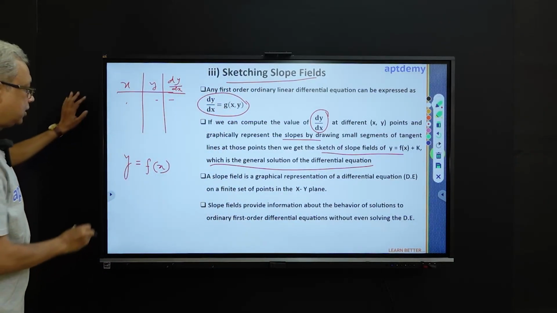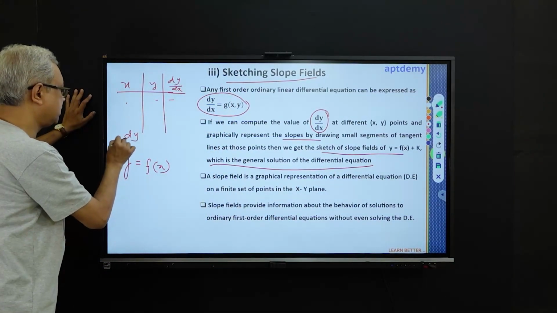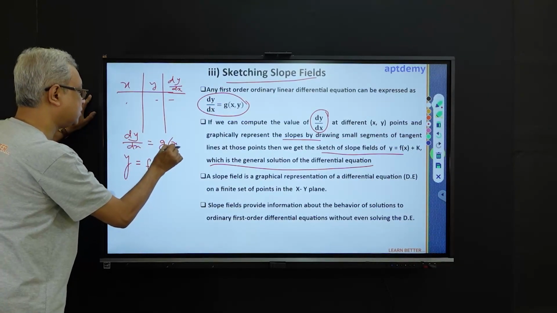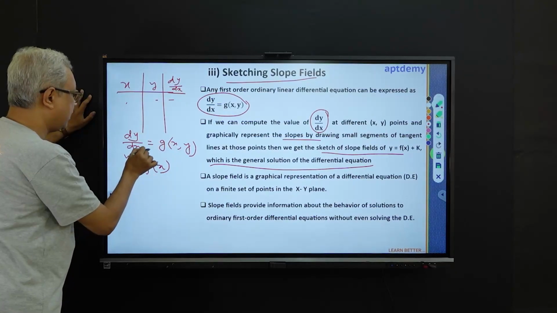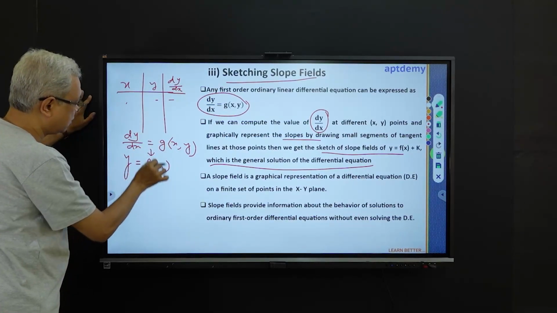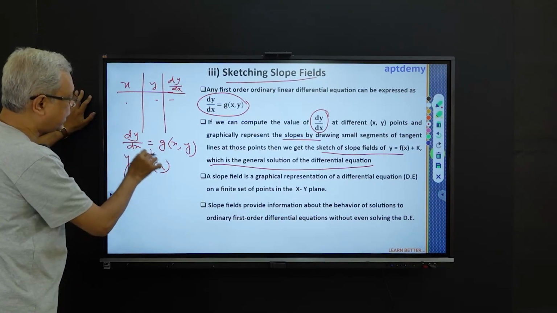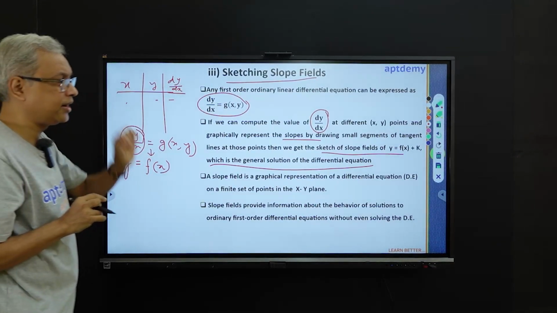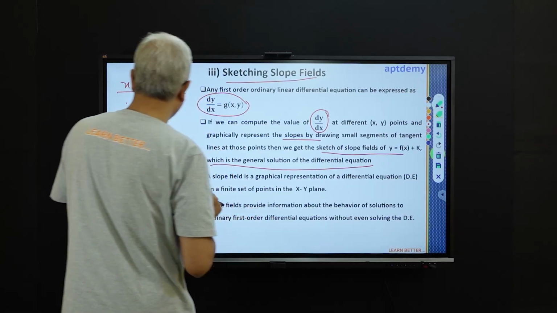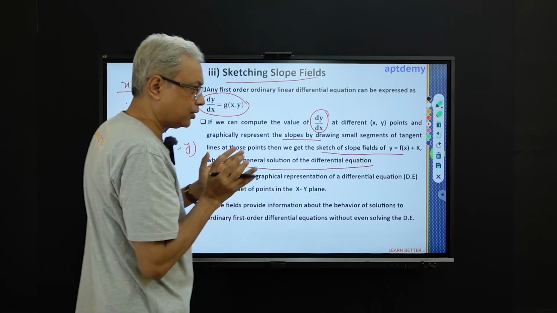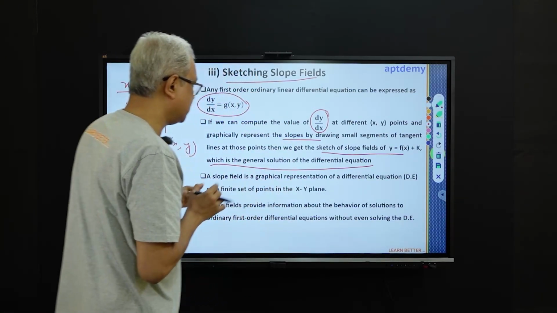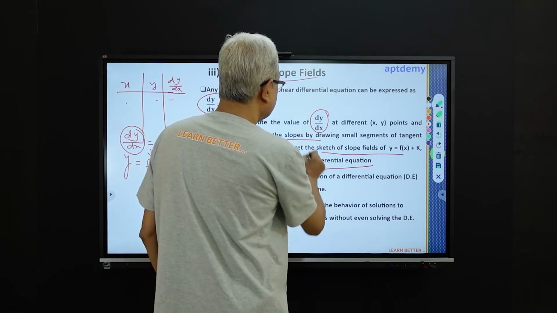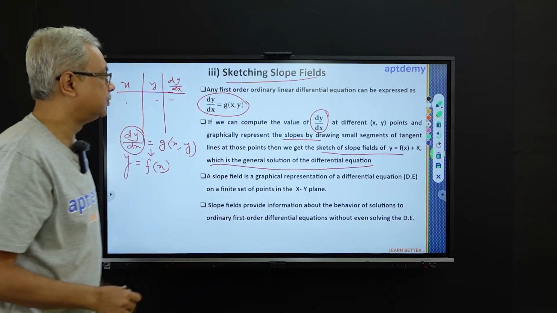So, given differential equation dy/dx is g(x, y), which is a function of x, y, if its solution is something like this, then if you can compute dy/dx values at different x, y points and plot the slopes properly, that is called the slope field of the differential equation.